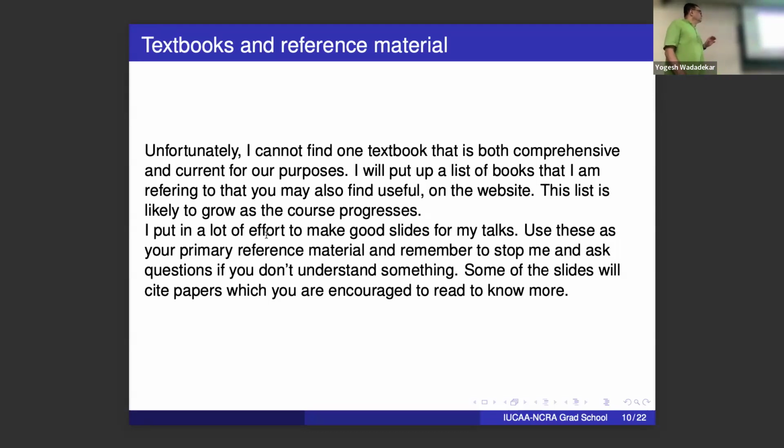But what I will put up on the web page is a list of books that I am referring to, which you will also find useful. This is likely to grow as the course progresses because new textbooks keep coming out. Both IUCAA and NCRA have access to what is called Springer Link. This is from one of the leading publishers.